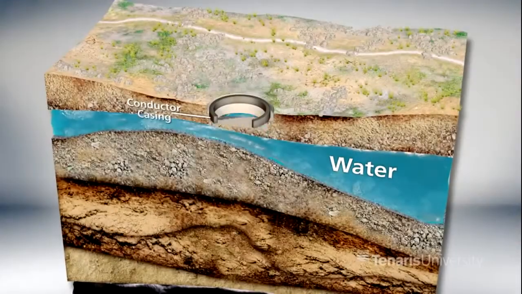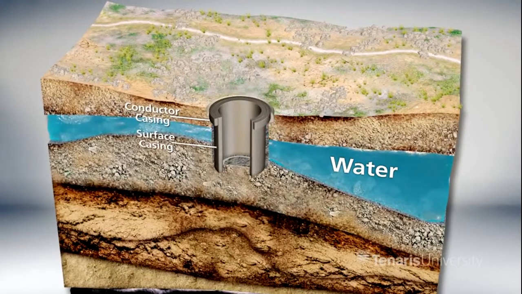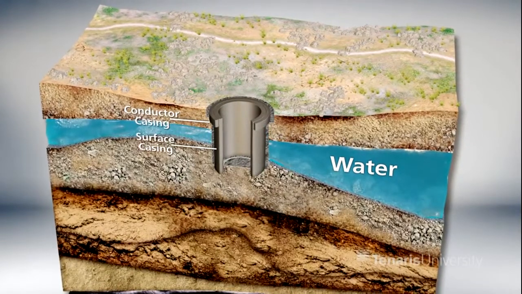We continue drilling and we run what is known as surface casing. This string prevents the cave-in of unconsolidated, weaker near-surface sediments, and it fundamentally protects the shallow freshwater sands from contamination.